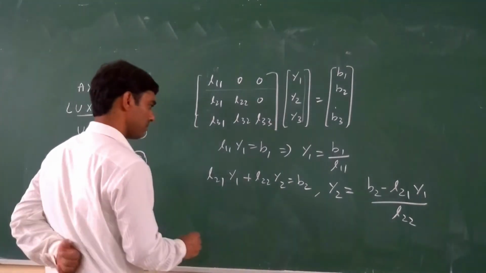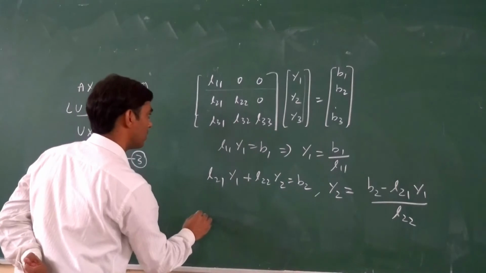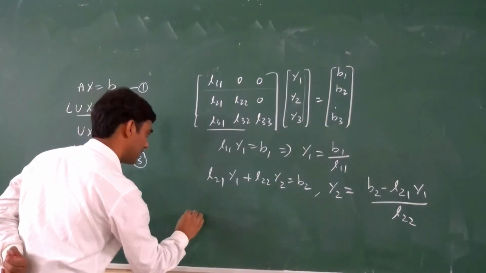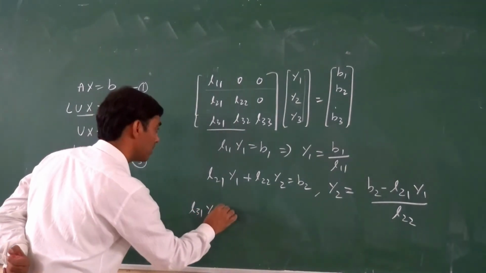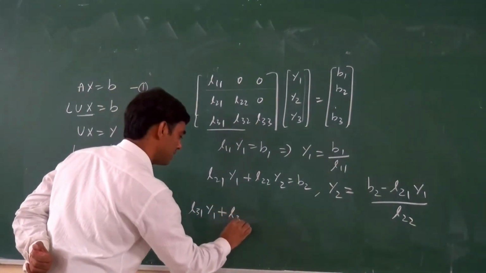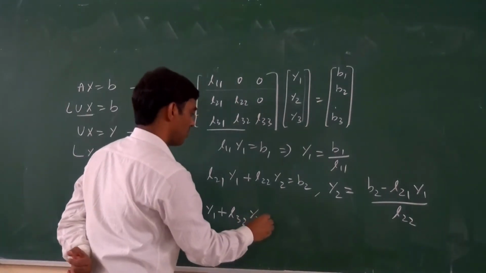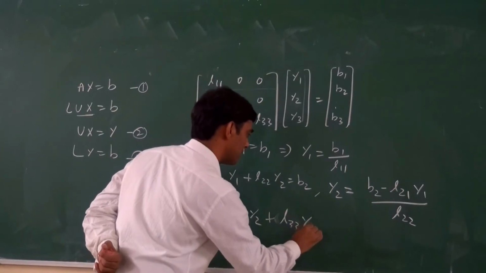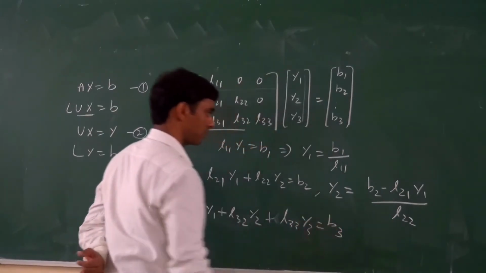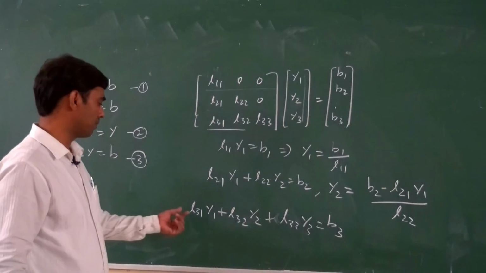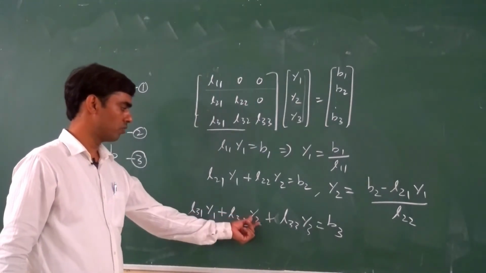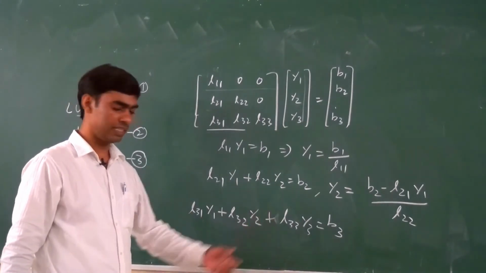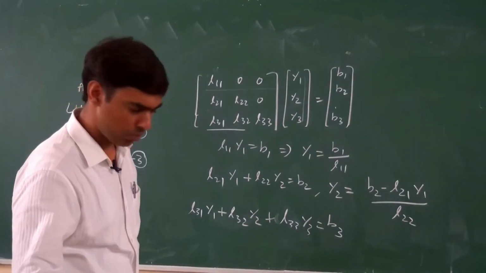Similarly, we find the value of y3. Multiplying the third row, L31 y1 plus L32 y2 plus L33 y3 equals b3. We have the values of y1 and y2, and also the values of L31, L32, L33, which are elements of the lower triangular matrix.